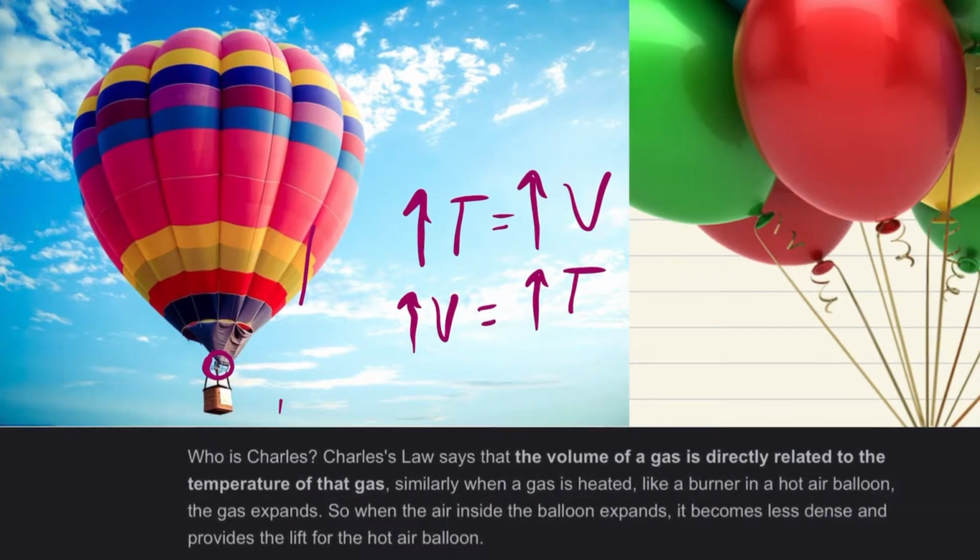And I even have an example in more word form where we have a hot air balloon. The volume of the gas is directly related to the temperature of that gas. So when we heat, or like a burner in a hot air balloon applies heat, the gases expand. When the air inside the balloon expands, it becomes less dense and provides the lift for the hot air balloon. This is all because of Charles's law.